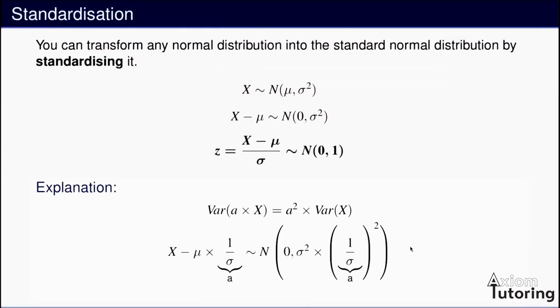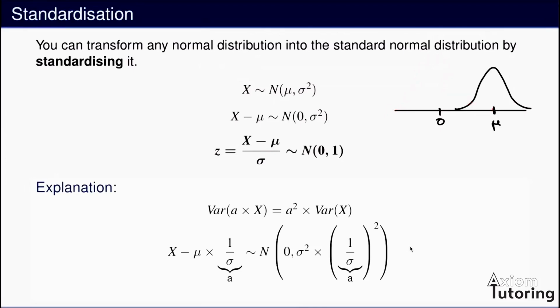Well, the first thing we may realize is that, let's say that here's 0, here's mu, and so my normal distribution is centered around mu. Now, what do I need to do in order to make it centered around 0?